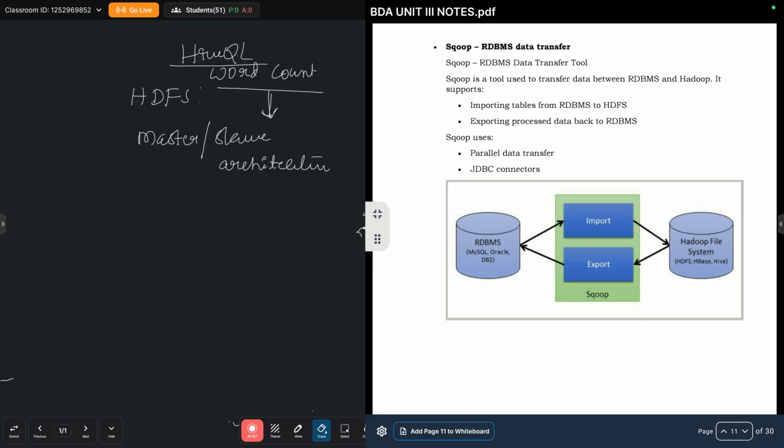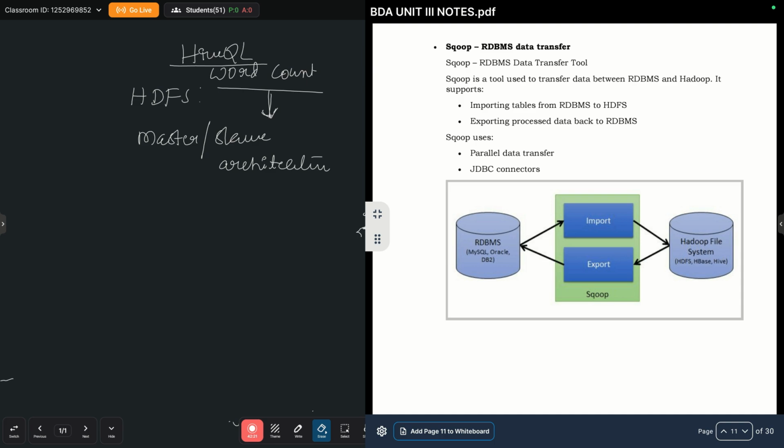One more component of Hadoop is Sqoop. What is Sqoop? This topic we have already discussed, right? Sqoop is used to transfer the data between RDBMS and Hadoop or HDFS.